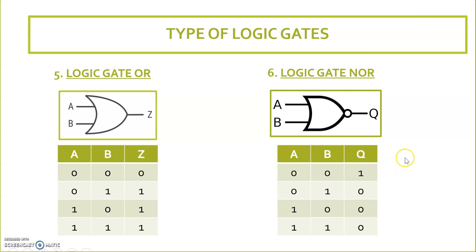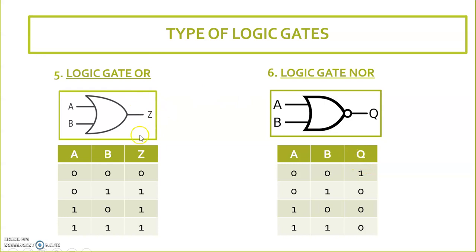Next, logic gate NOR. This is the symbol for logic gate NOR. NOR is basically not OR. Opposite of OR. This is the list of inputs over here, and Q is the output.